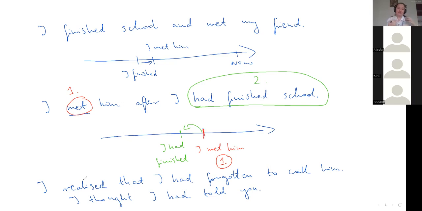So those verbs inevitably need past perfect. We would naturally say that. I realized that I had forgotten. I thought I had told you. So, for example, like just now we are talking and I was like, oh my God, I thought I had told you. The event that I should have told you about took place a week ago, for example.